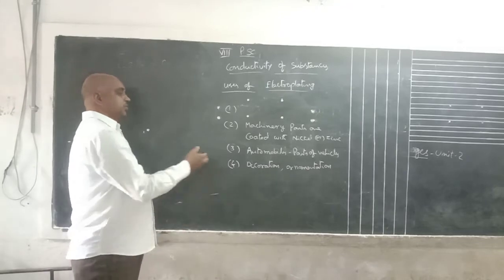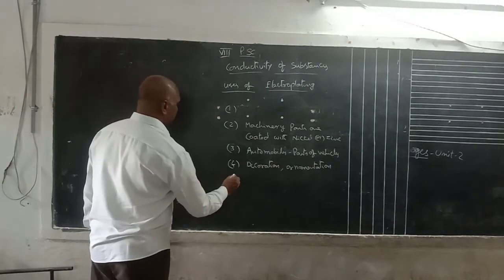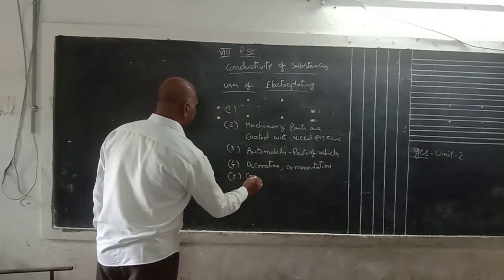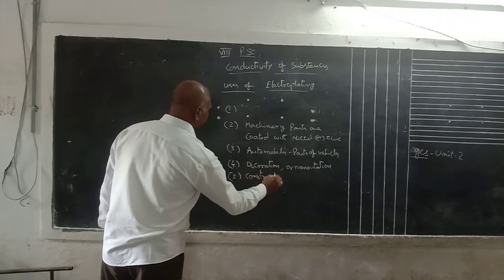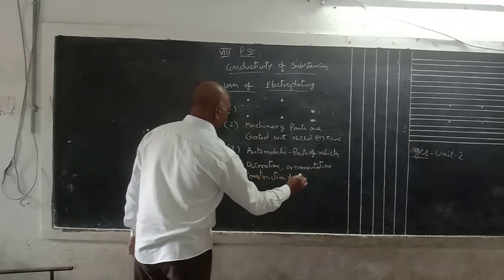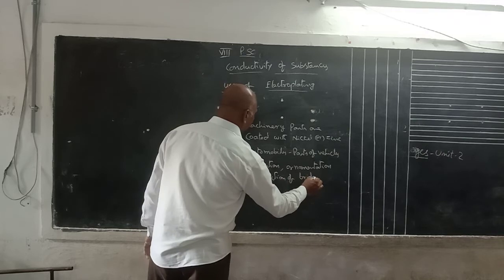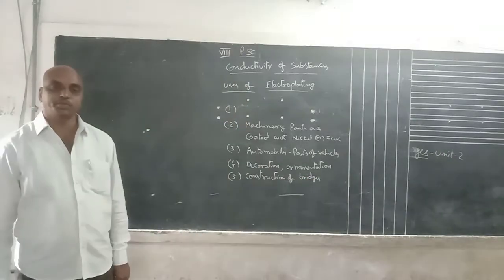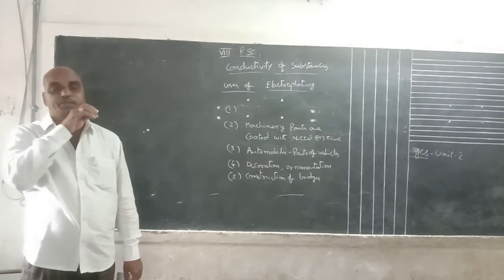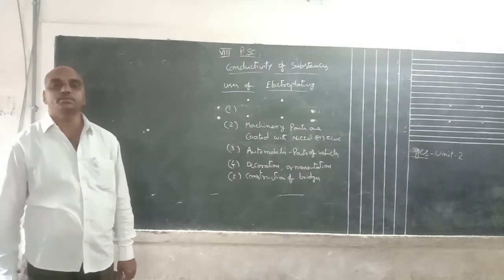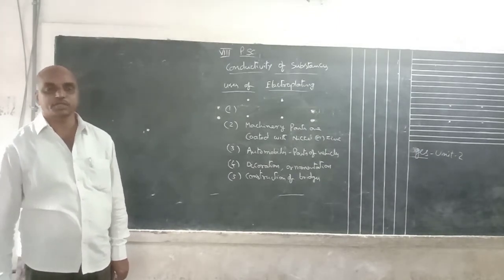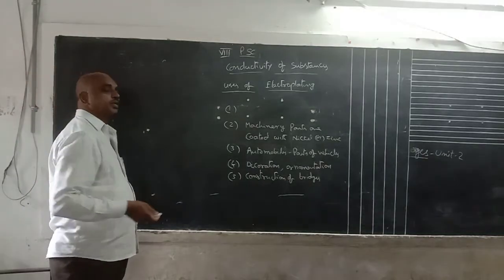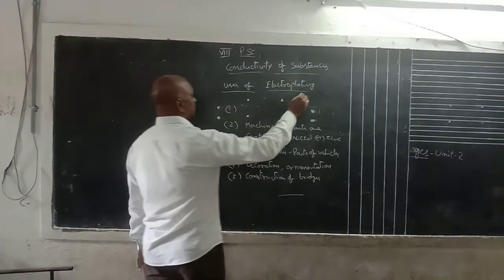And zinc coating is used in the construction of bridges. In bridge construction also we use the electroplating process. Zinc is coated on the different iron parts to avoid the formation of rust. These are the several uses of electroplating. Generally, this is a 2 marks question.